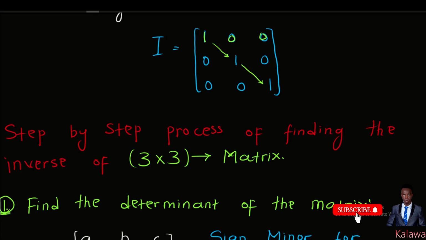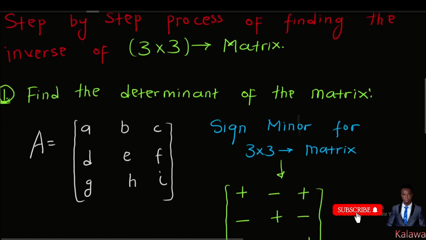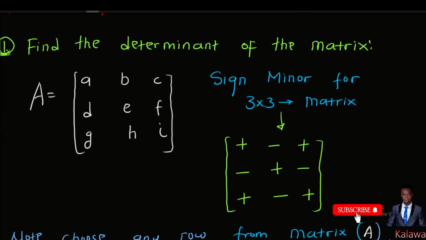Now, the process of finding the inverse of a 3x3 matrix. The first step is to determine the determinant of the matrix. For example, if we are given a matrix A, B, C, D, E, F, G, H, I, this is a 3x3 matrix.